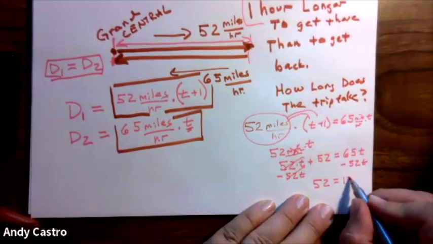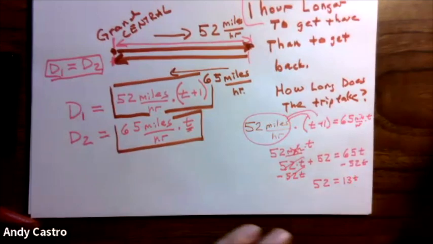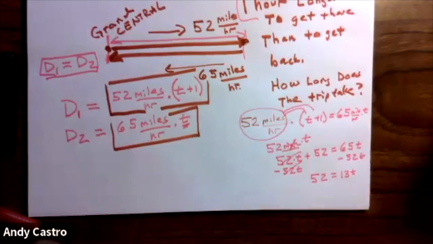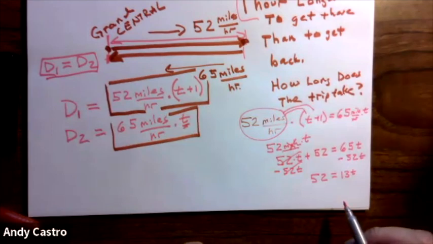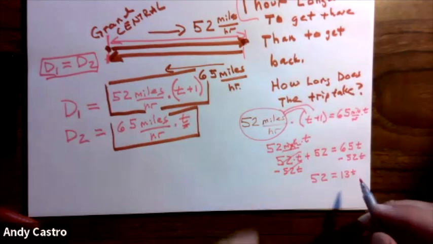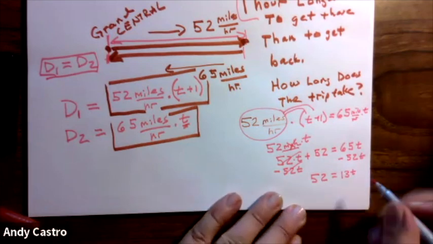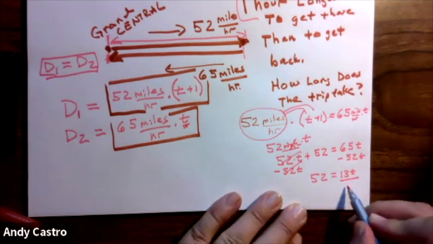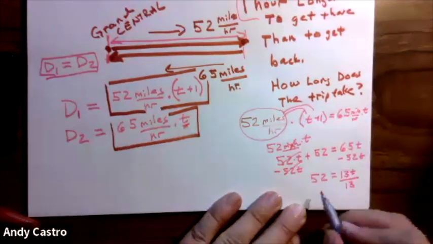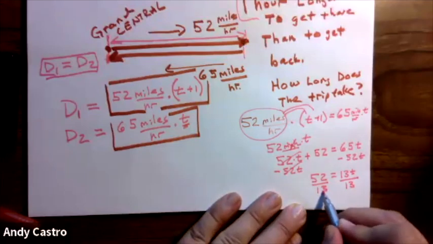That gives me 13T. Is that right? 65 minus 52. Yeah, 13. All right, then I can divide both sides by 13.